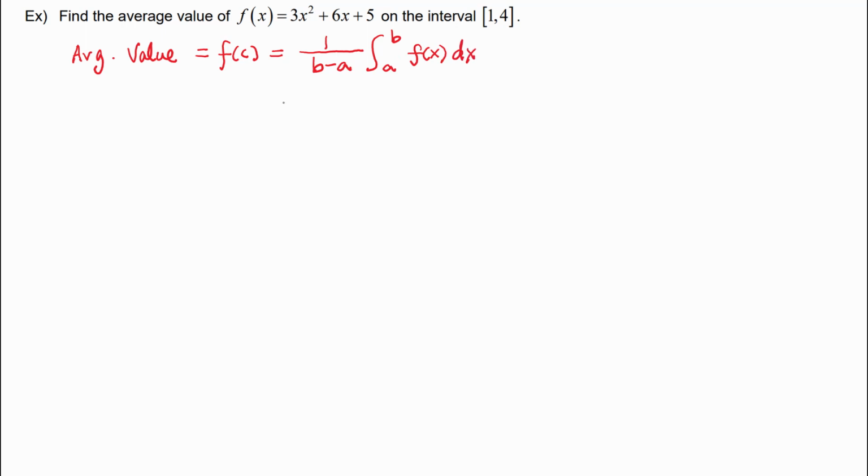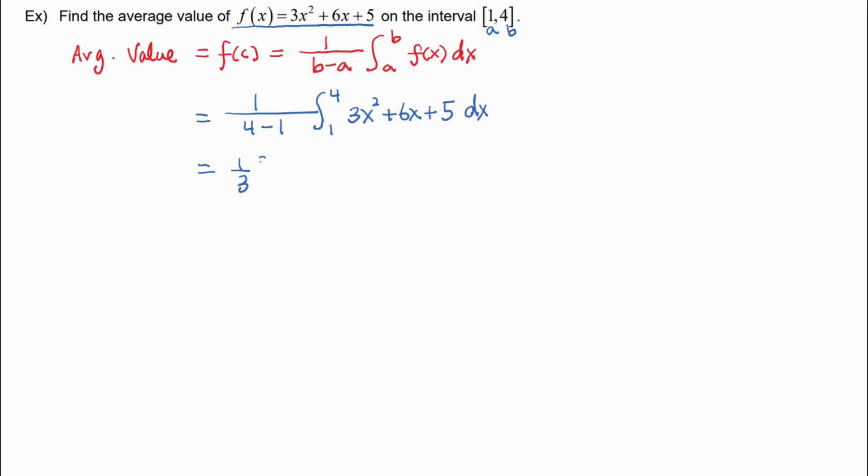So then let's apply. My a is 1, b is 4, and here is my f of x. So that is going to be equal to 1 over 4 minus 1 times the integral from 1 to 4 of 3x squared plus 6x plus 5 dx, which is equal to 1/3.